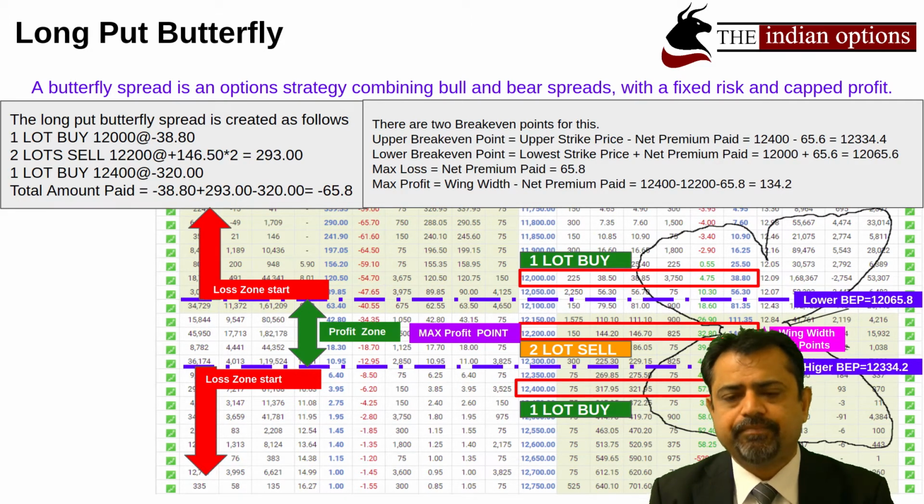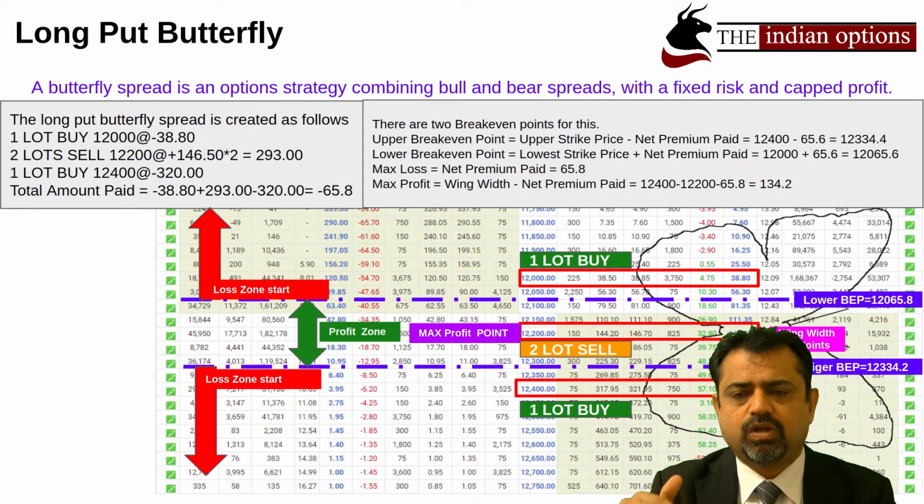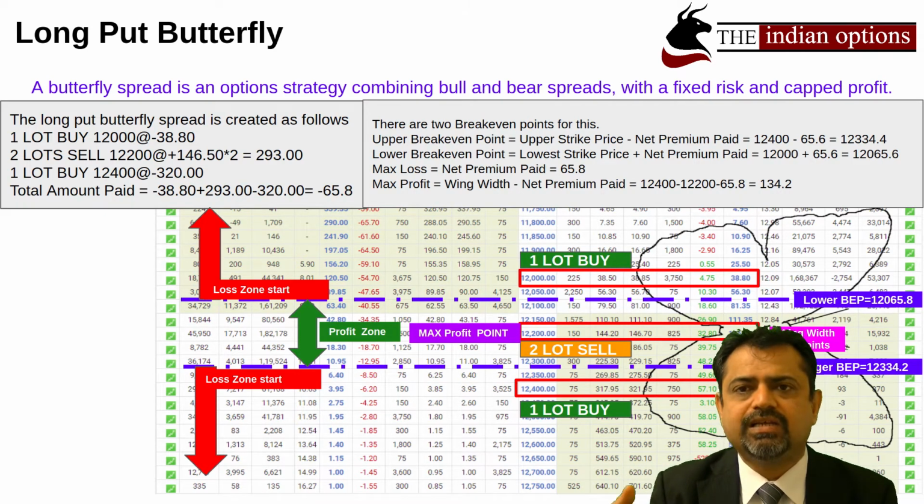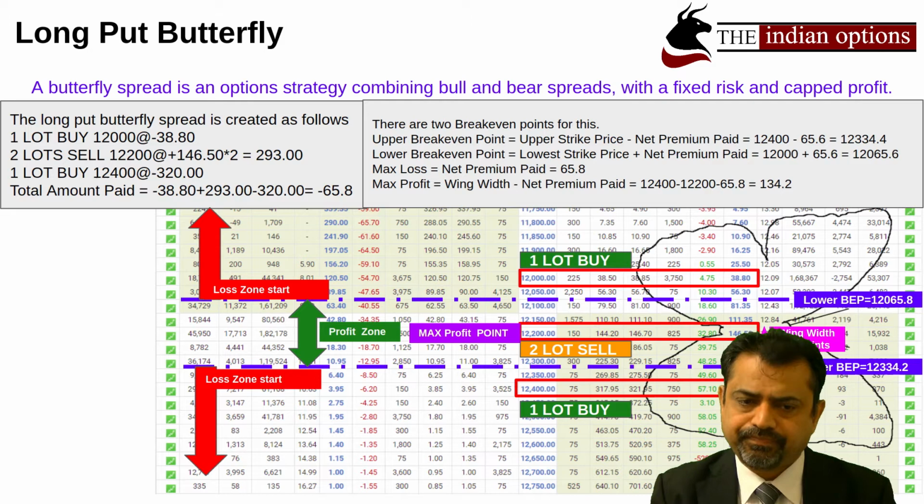Long means buy. Okay, now if we do the calculation, when I buy 12,000, I have to pay 38.80, and when I am selling two lots of 12,200, I am getting 146.50 multiplied by 2, that is 293 rupees.